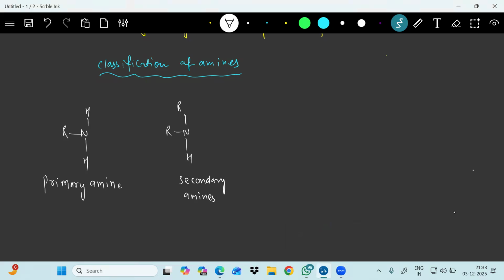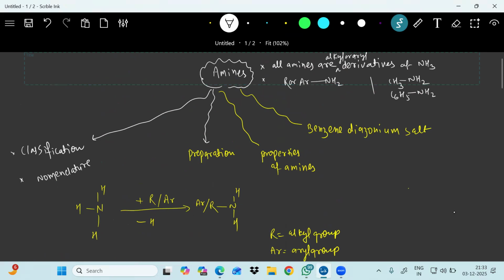Actually, we are doing amines, the new chapter we have started. On the right side I have written: all amines are alkyl or aryl derivatives of ammonia. In ammonia, the nitrogen has three hydrogen atoms.